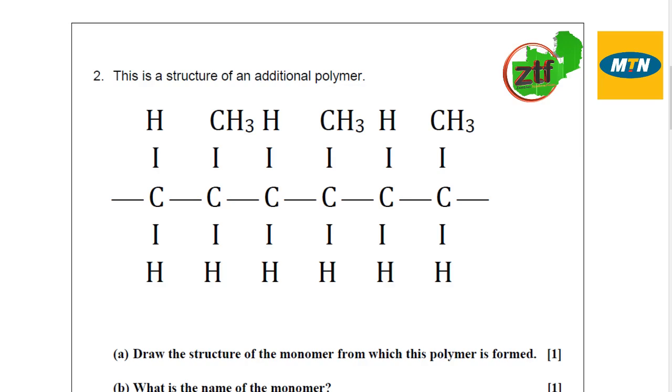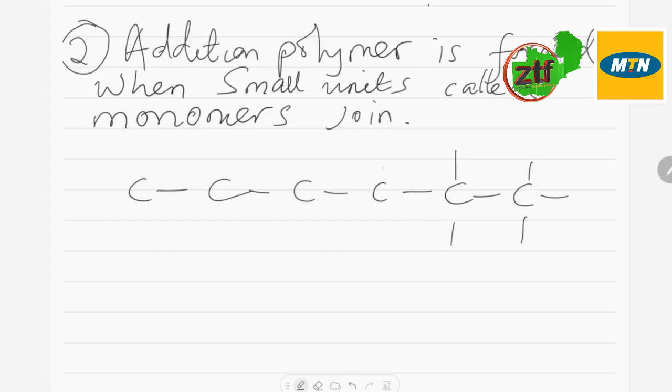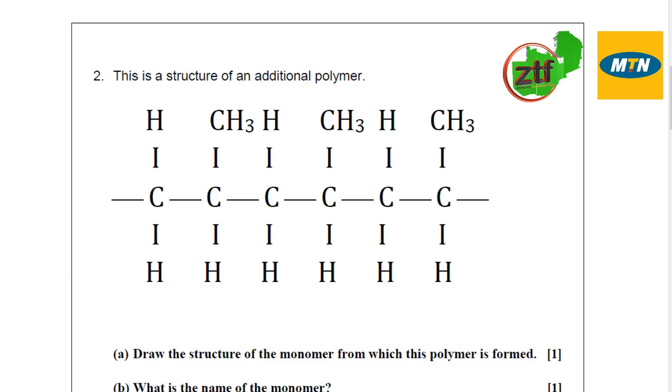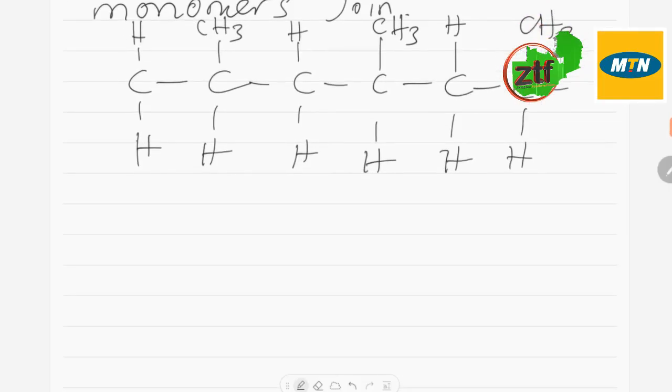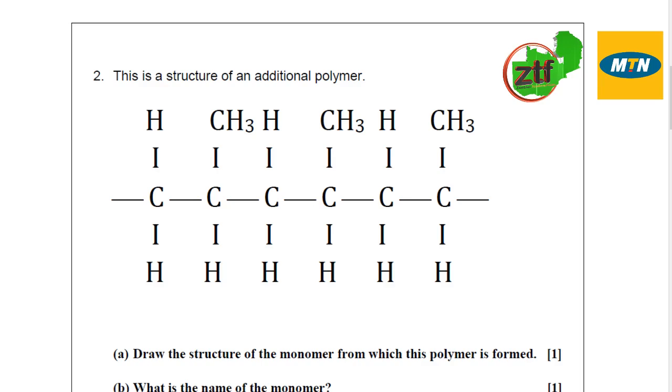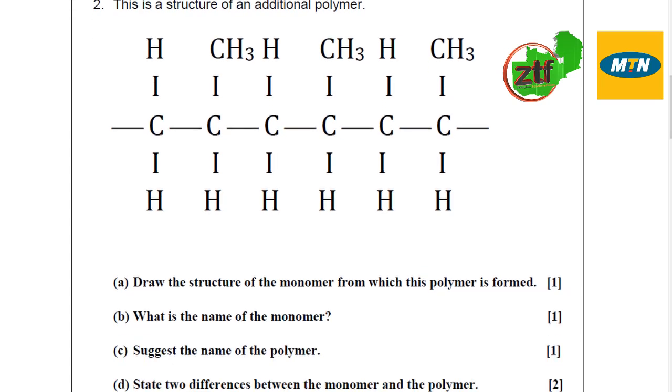Okay. I'm drawing it because I want to show you something very important. So I've got H there, CH3, H, CH3, H. Okay, now the question is saying draw the structure of the monomer from which this polymer is made.